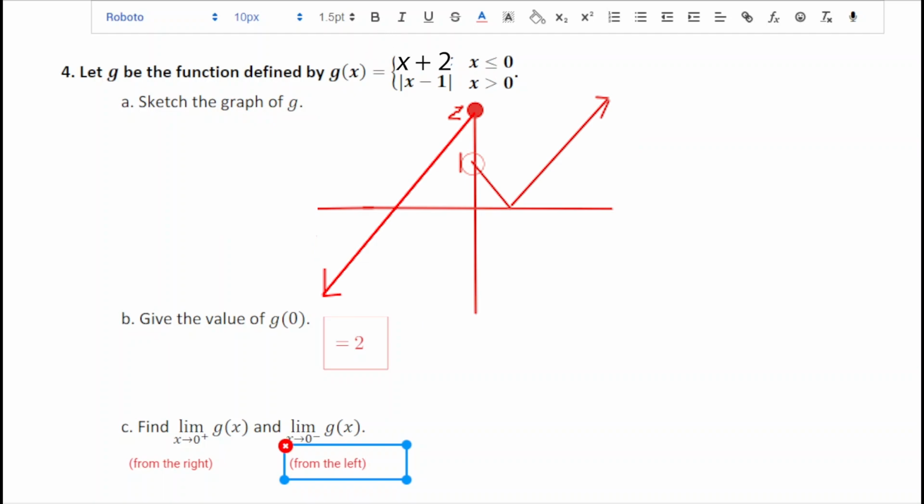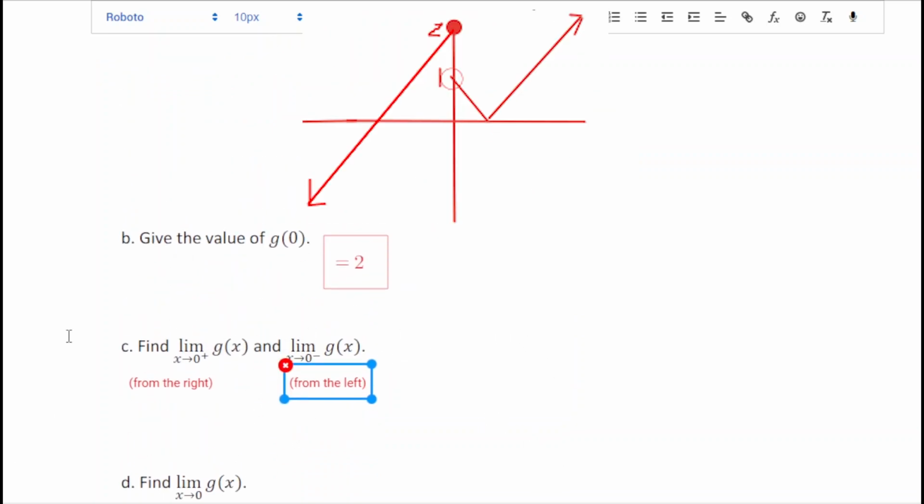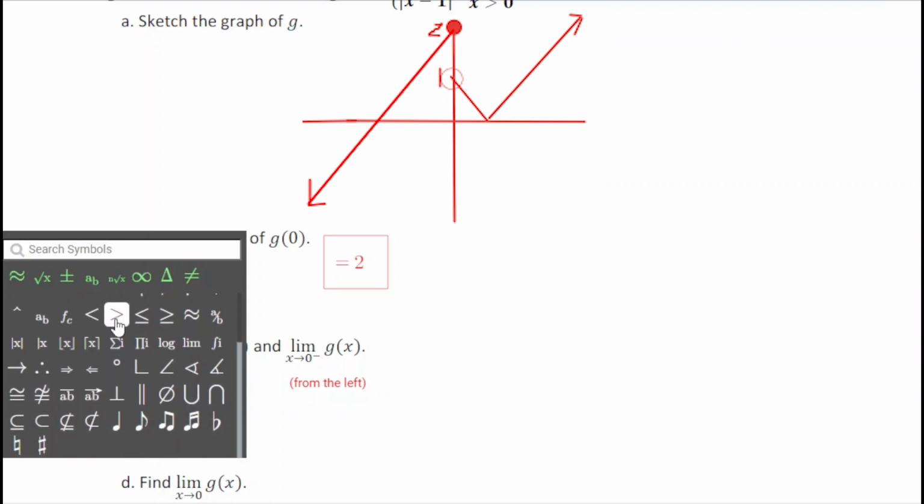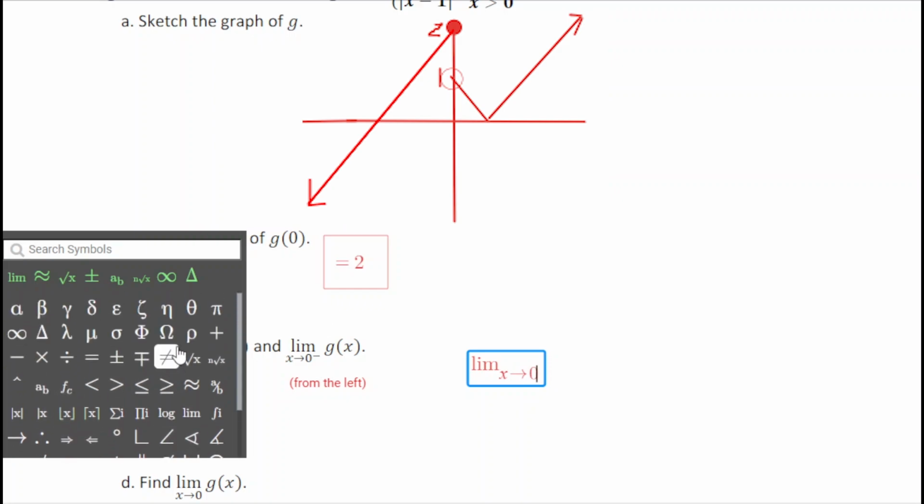So if I follow the graph from the right, basically walking along this absolute value function, as I get closer to 0, the y value of the function is approaching 1. So I would say that the limit, does this have a limit? Yeah, it does. Oh, awesome. So the limit as x approaches 0 from the, let's see here.